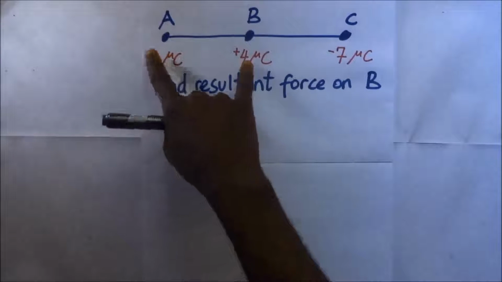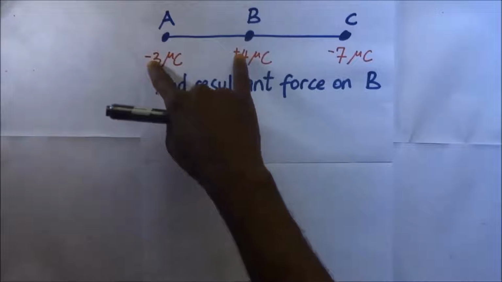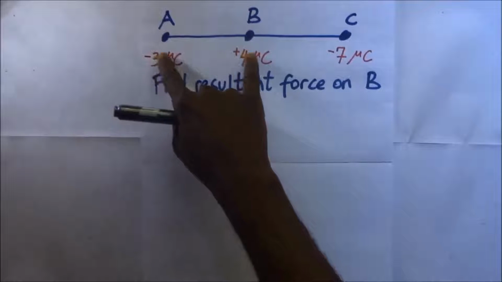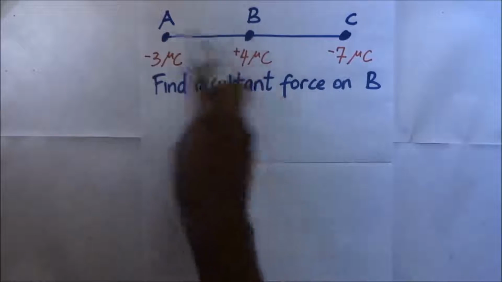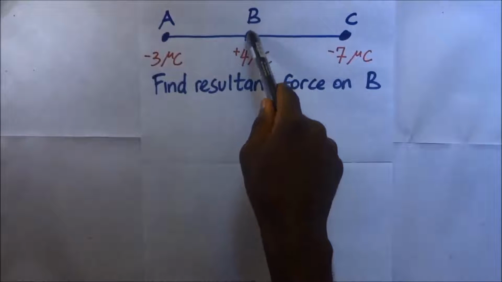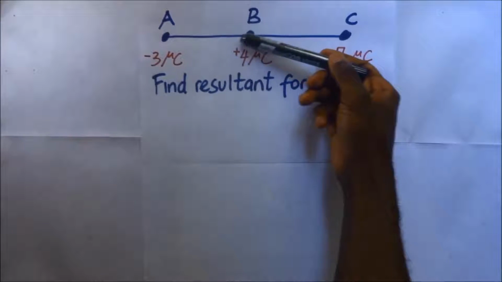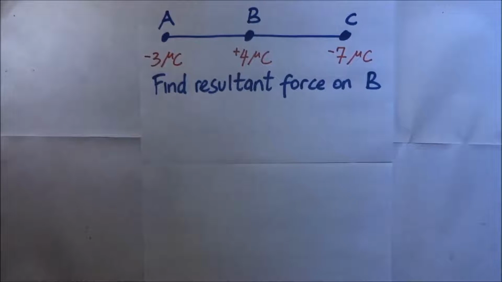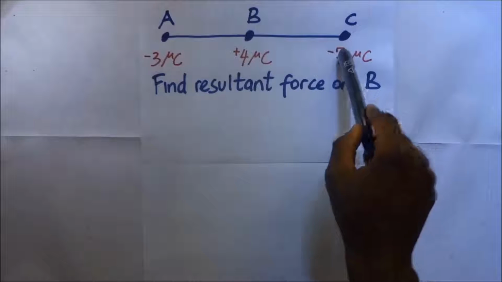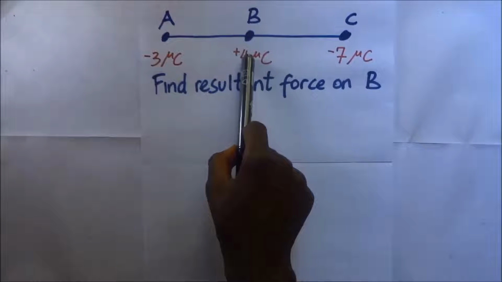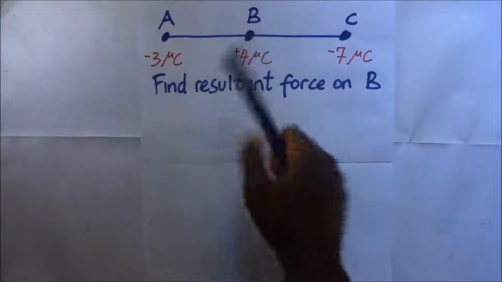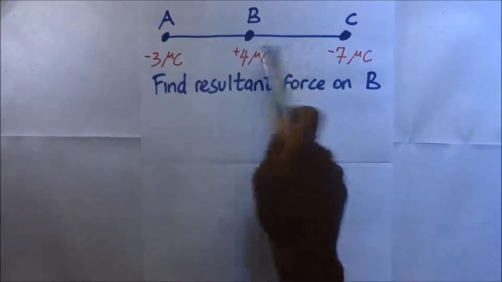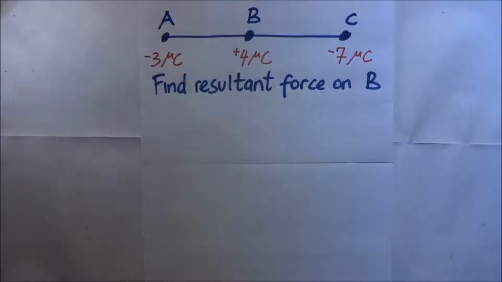Since they are of different charges, negative and positive, there's going to be a force of attraction in between here. So charge B is going to be attracted towards that side. Likewise, charge C is negatively charged, B is positively charged. It means that B is also being pulled in the direction towards C because there is a force of attraction in between there. So what does that mean?